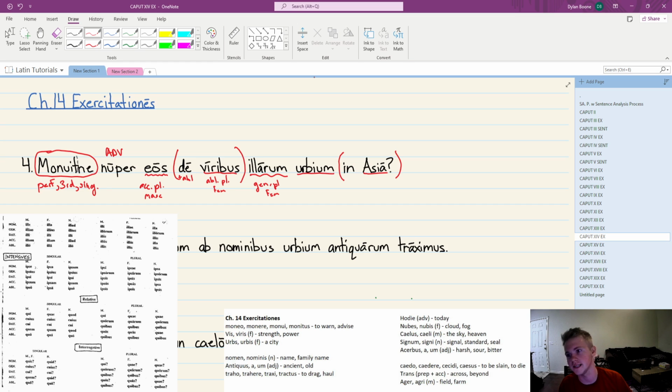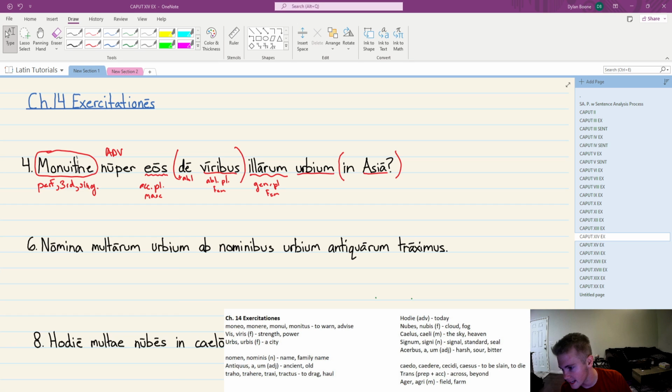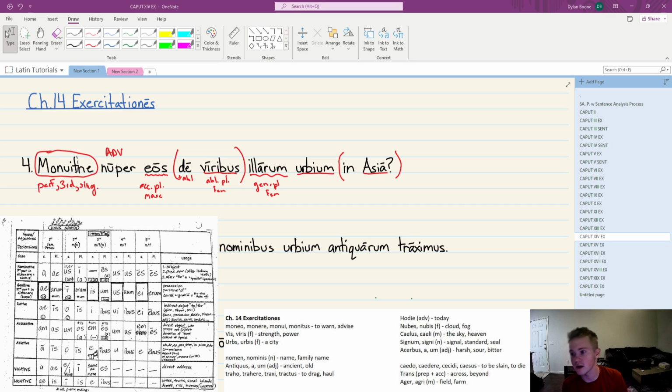Urbium, another i-stem here. The -ium should clue you into that. Urbis is also just part of the i-stem list, so hopefully you have that memorized to some extent. If not, on my chart here, the i-stems on the declension chart are indicated in the third declension within the boxed endings.